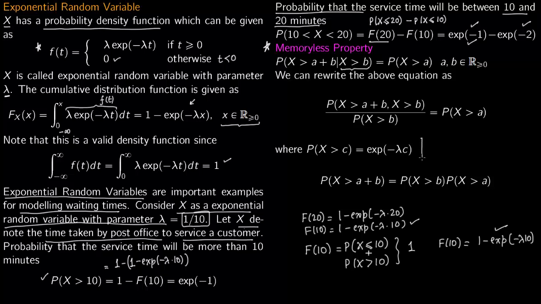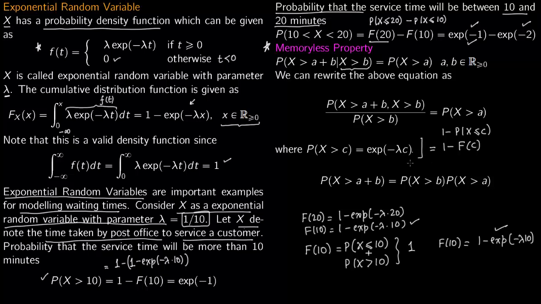This is again clear, because probability of x is greater than c is equal to 1 minus f of c. That is 1 minus probability that x is less than or equal to c. You plug this in here, 1 and 1 cancels out. What you're left with is exponential of minus lambda c.